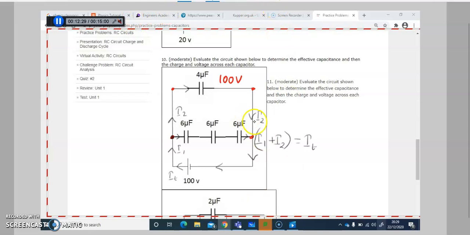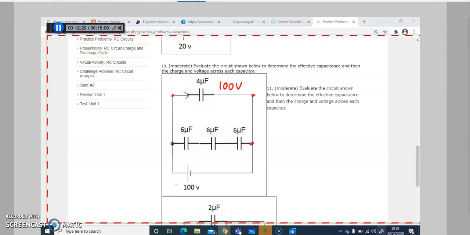But now coming back to the question, how do you find the effective capacitance, charge and voltage across each capacitor? First we need to solve this branch and make it one equivalent capacitance. Again, remember the series one: 1 divided by C total is equal to 1 divided by C1 plus 1 divided by C2 plus 1 divided by C3.